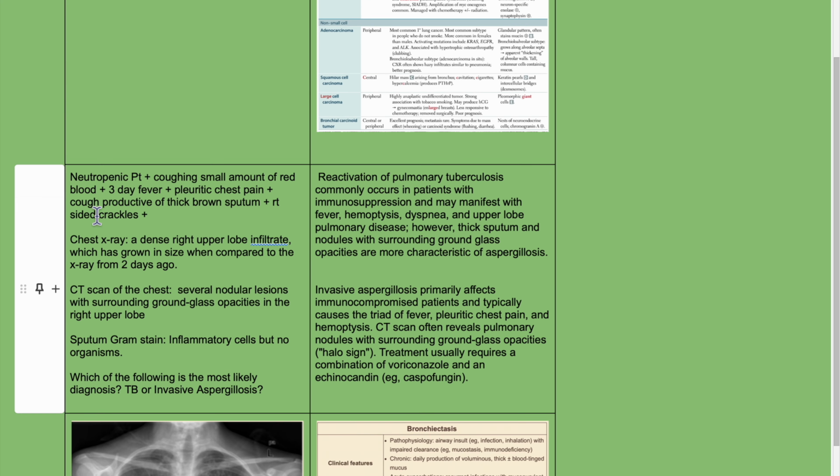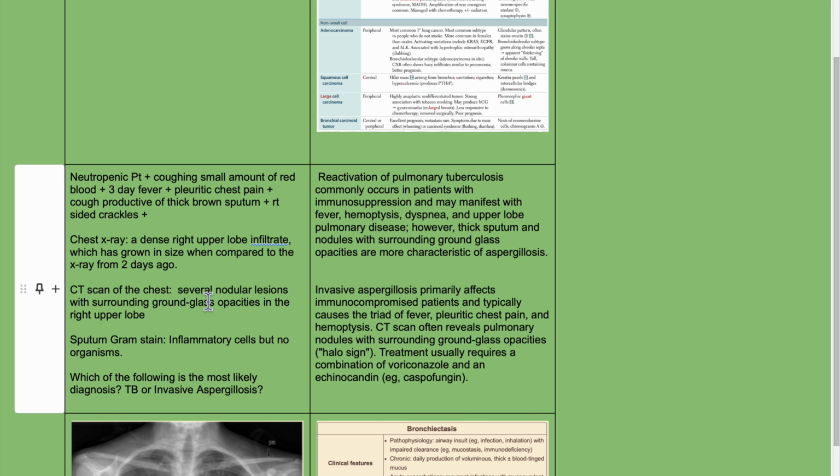Okay. You have a neutropenic patient with coughing, small amount of red blood, 3-day fever, pleuritic chest pain, cough productive of thick brown sputum and right-sided crackles. Plus, you have a chest x-ray that shows a dense right upper lobe infiltrate which has grown in size when compared to x-ray from 2 days ago.